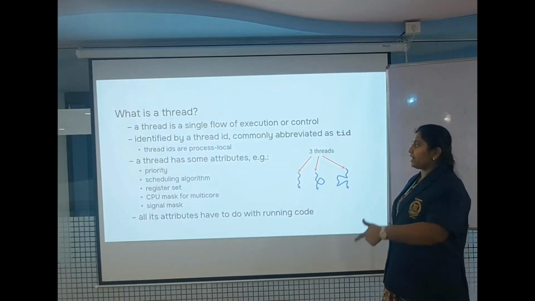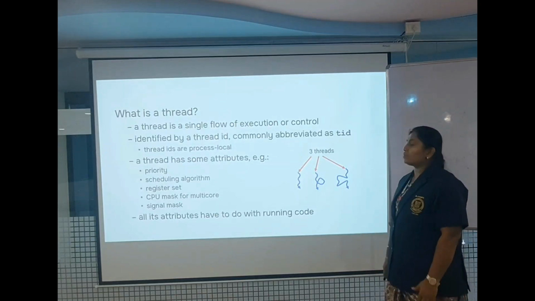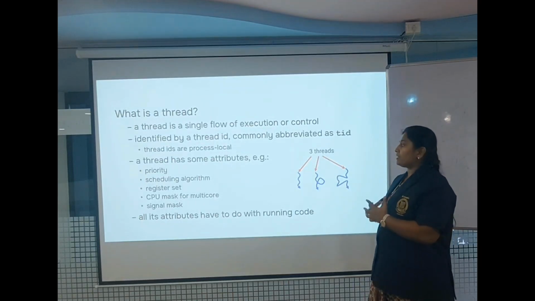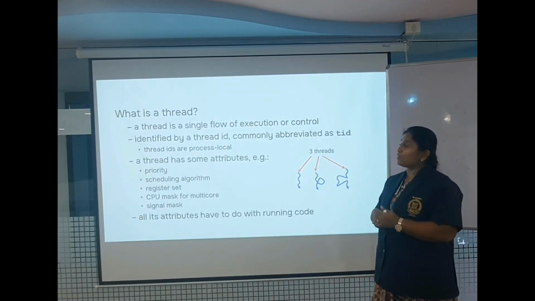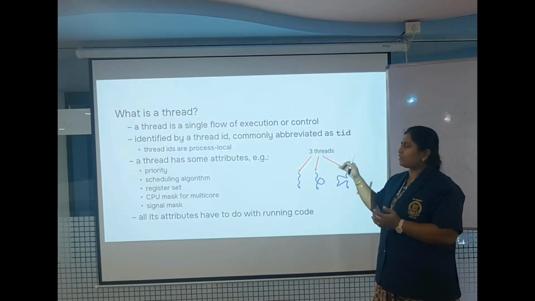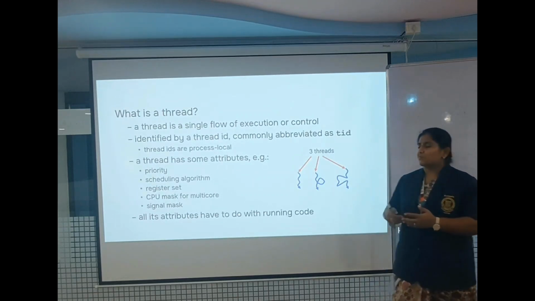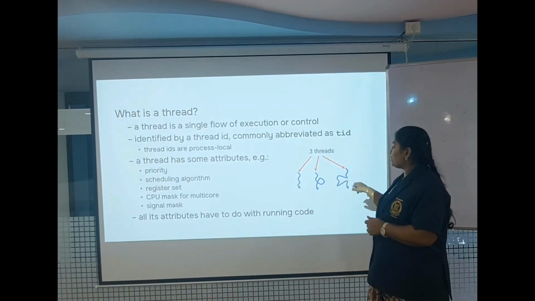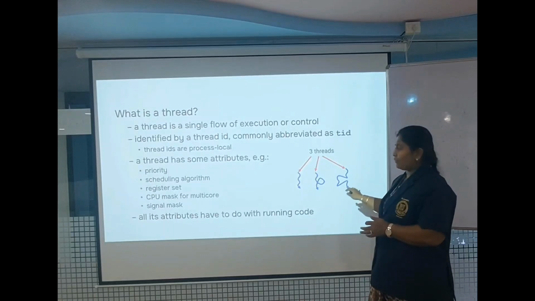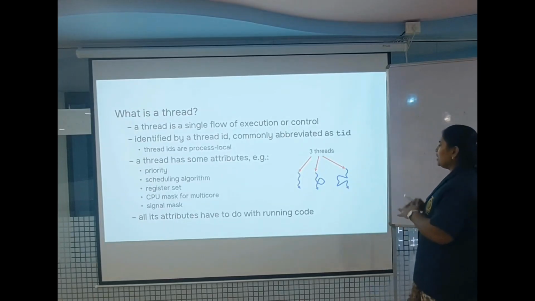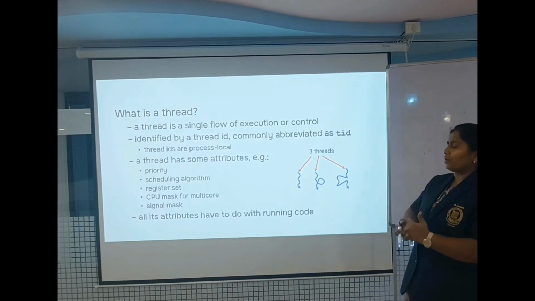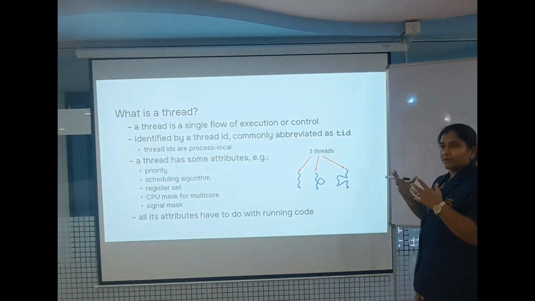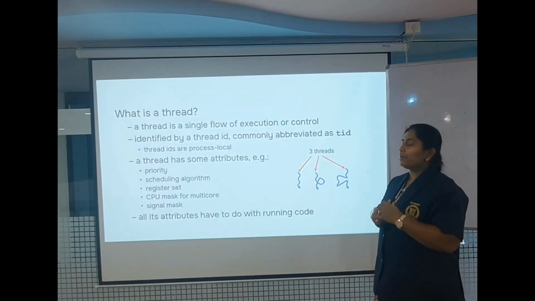A thread also has a set of attributes like priority, the scheduling algorithm, the register set, the CPU mask, and the signal mask. We will see all that later. All these attributes have to do with running the code, that is, the rules for running the code. That is the set of attributes corresponding to a thread.